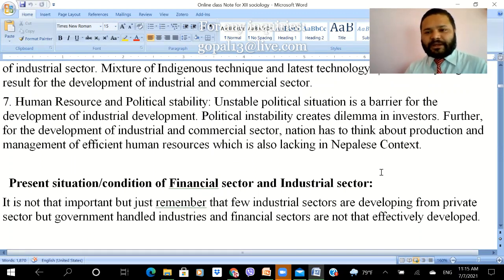We need to look at the raw materials, our investment capacity, and our technological dimensions. There are multiple things we need to understand before we conclude the present condition of the financial and industrial sector in Nepal.